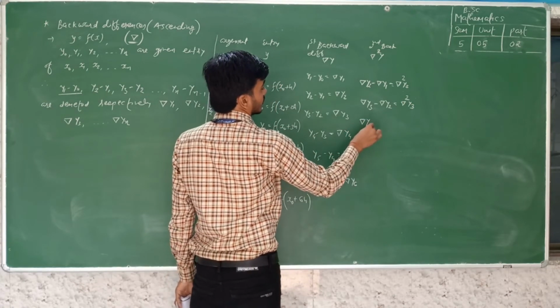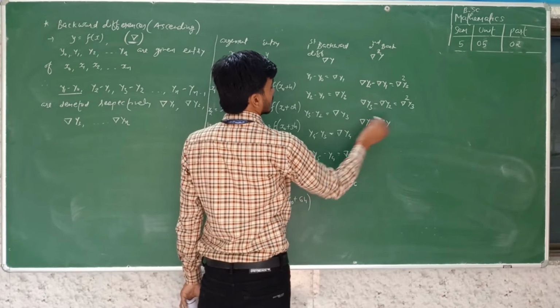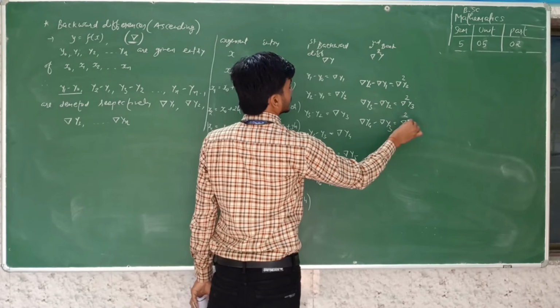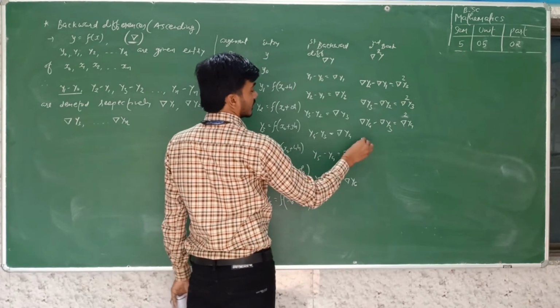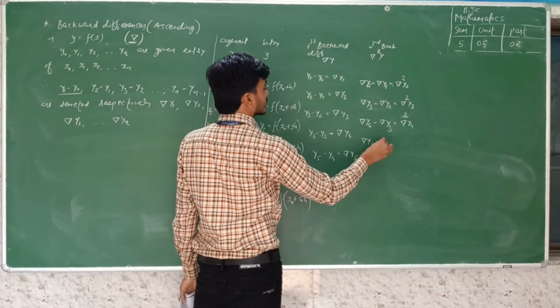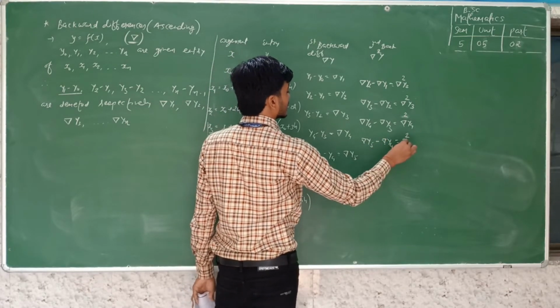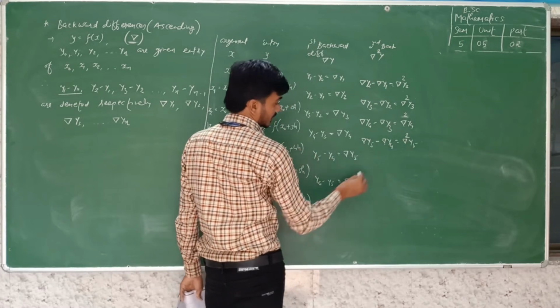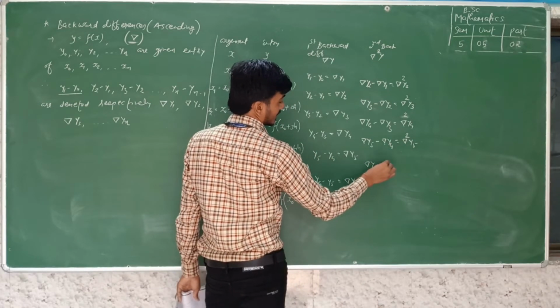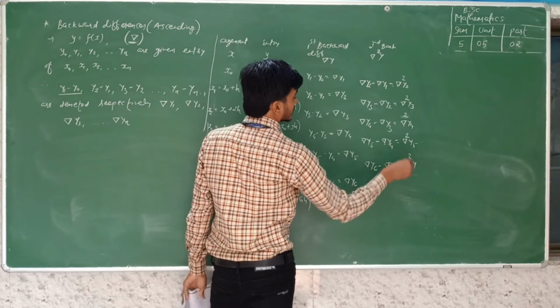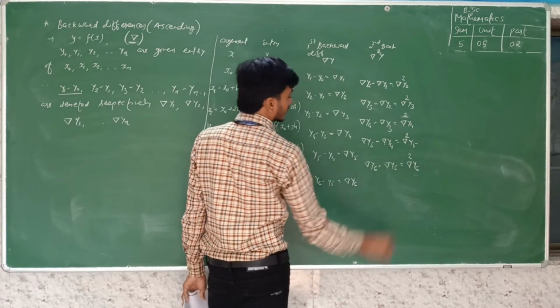Nabla y4 minus nabla y3 is nabla square y4. Nabla y5 minus nabla y4 is the second backward difference of y5. Nabla y6 minus nabla y5 is the second backward difference of y6.